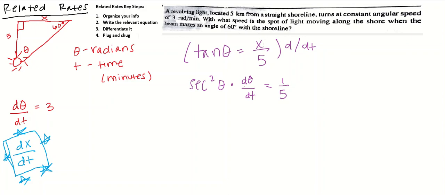It's really tempting to say 1 because you're super used to doing that. But remember, x is also a function, so we need to treat it as such. Over here we have x labeled as the distance from here to where the light beam is hitting the shoreline, and that distance is going to change as the light beam moves. So x is a function, and when we take the derivative of it, we get dx/dt.